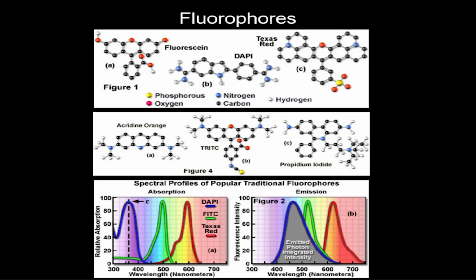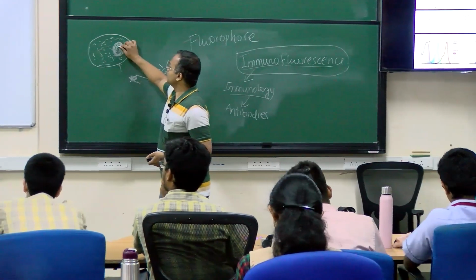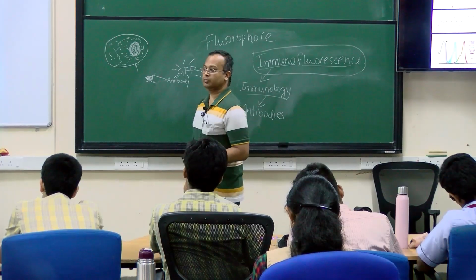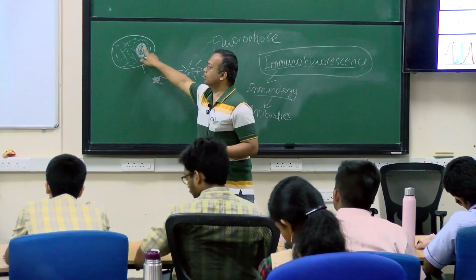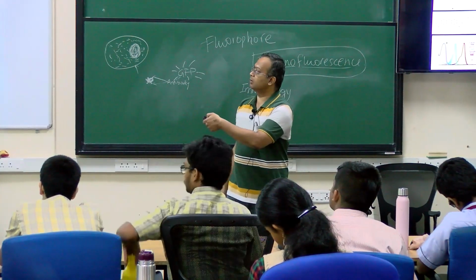Now I am giving you some examples of fluorophores. Let's say DAPI. DAPI is this chemical structure, and it is generally used for staining the nucleus. The nucleus will usually appear blue. So whenever you see fluorescence images with a blue nucleus, you know that typically it has been stained with DAPI.